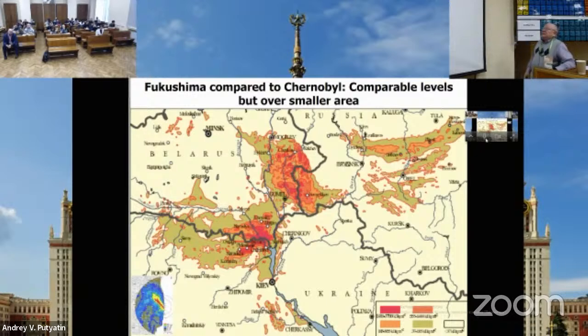Of course, I told you already that 5 times less release of cesium isotopes happened in Fukushima, and moreover, 80% were transported away over the Pacific Ocean. Only 20% were deposited on the land after the Fukushima Daiichi accident.